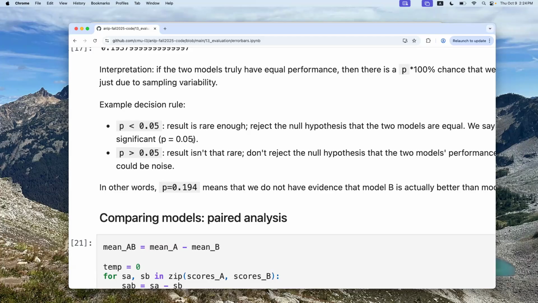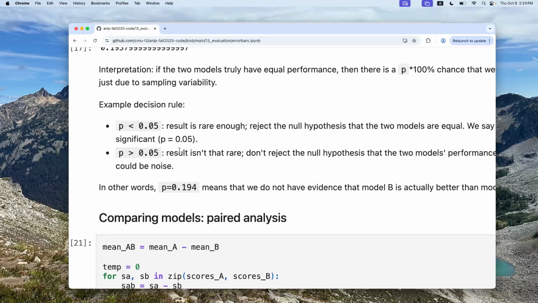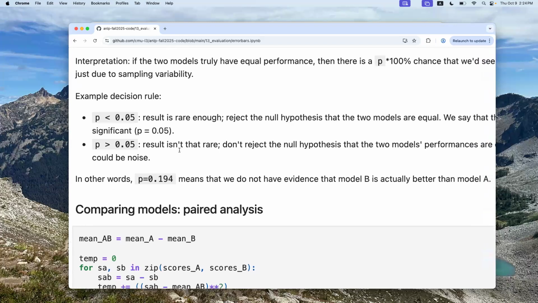But here maybe it's not too high stakes, so we can decide this. But this p-value is even over this threshold here. And so we would conclude that the result isn't that rare, and so we can't really reject this null hypothesis.